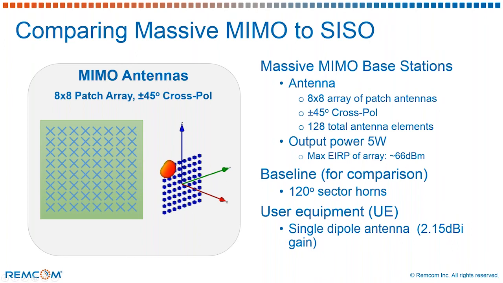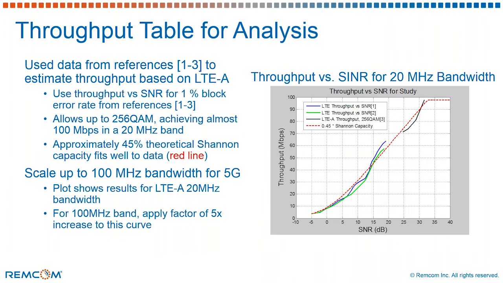For both cases, we use an output power of 5 watts, resulting in a total overall max EIRP from the array in a focused beam of potentially up to 66 dBm. And we had a total of 128 total antenna elements from this configuration. The receivers in this example were simple dipole antennas at a number of different UE positions.